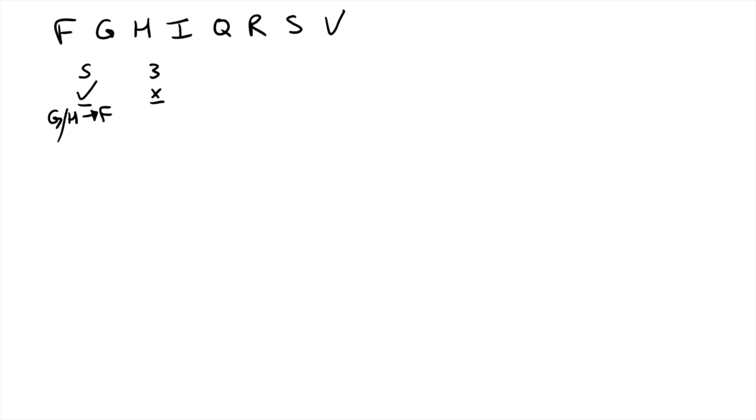Next, if V is in, then Q and R are both in. So another rule in the in group, if V is there, then Q and also R are going to be in. Next, if H is selected, so if H is in, this time it's pointing to the out group, because if H is in, then neither Q nor I are selected.